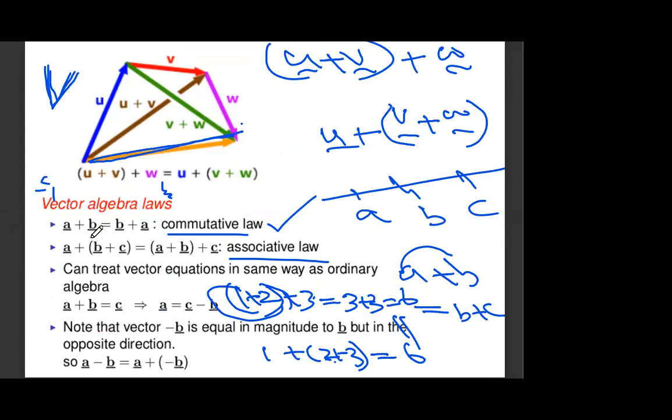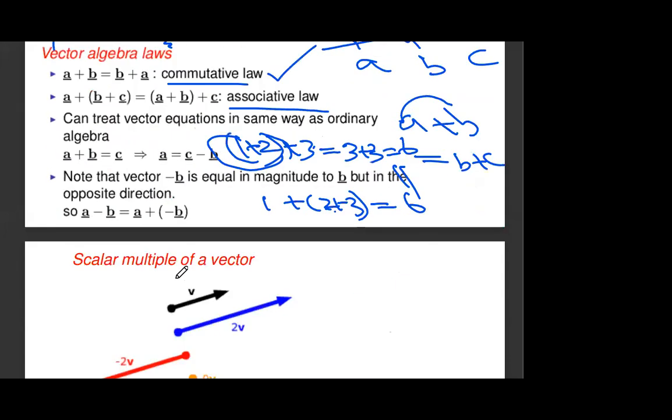It has this property: when you add any two elements in this set, the order is not important. You can add anywhere you want. So this property is there, and the associative property is there.